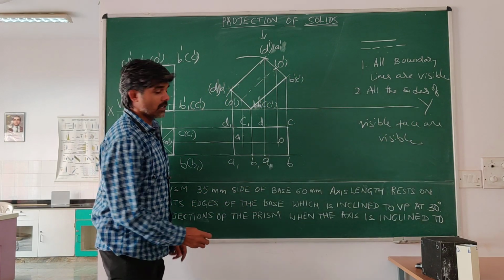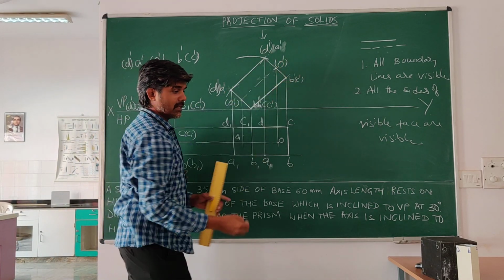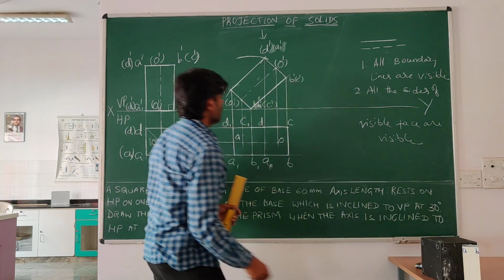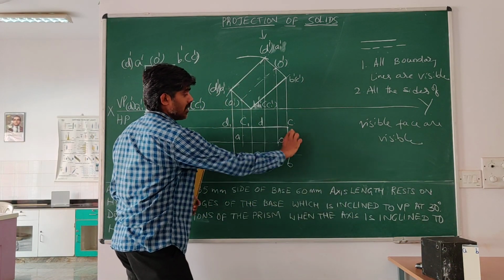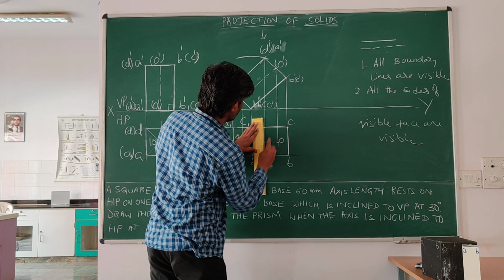So the visible face is ABCD, the top face. ABCD is the visible face. We have already joined three edges, so the third edge will also be visible.